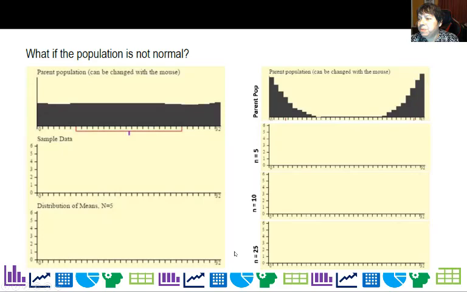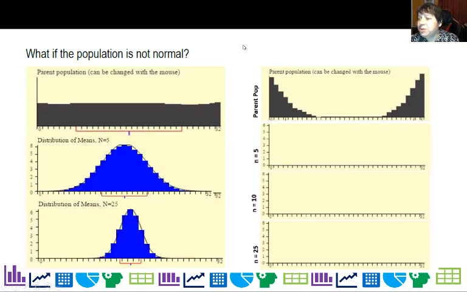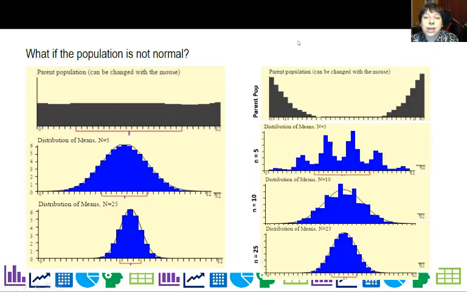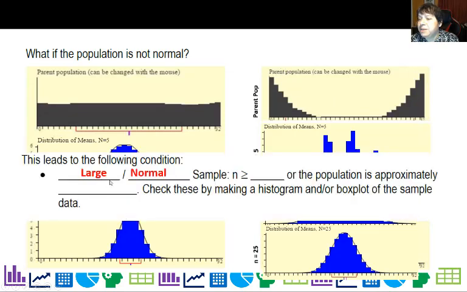So what if the population is not normal? Well, if you go to large enough sample sizes, you're going to get a normal distribution, which leads us to the following condition. Basically, the large normal sample condition: if n is greater than or equal to 30, or the population is approximately normal, so either one of these works, then you can use the formulas on the math chart, and we can do our confidence interval.